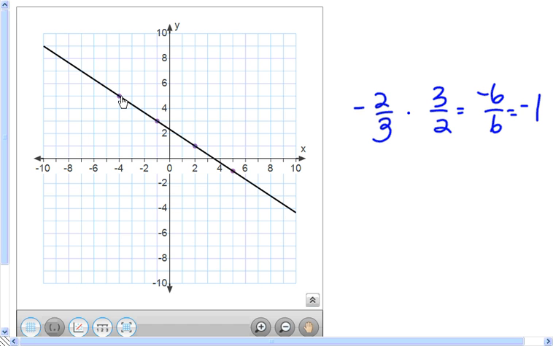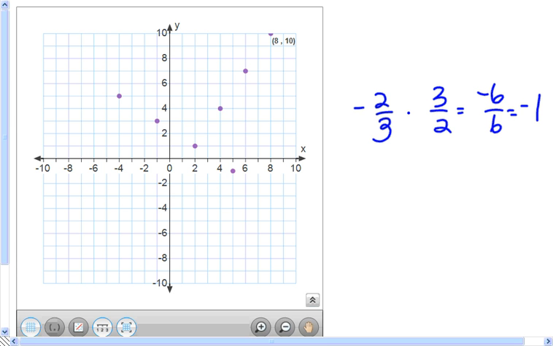And if I do another line that has a slope of 3/2, and I'll just start like right here, so I'm going to put a line there. Let's get rid of that line so it doesn't affect, so I'm going up 3 over 2, like that.